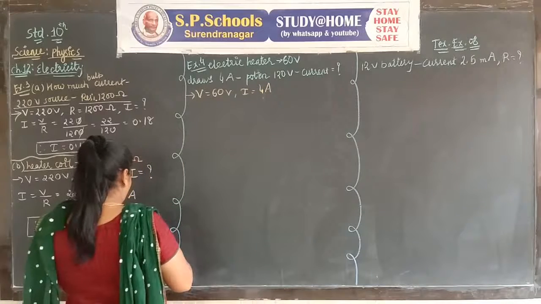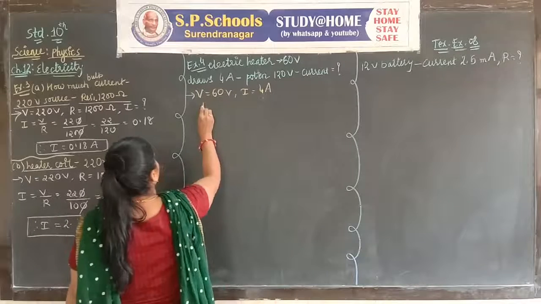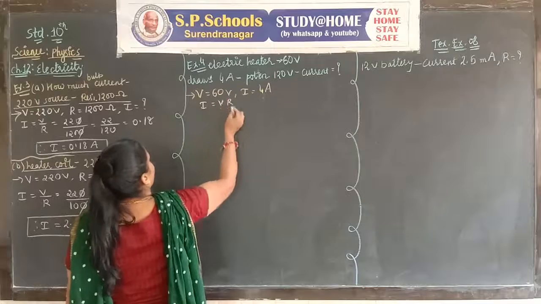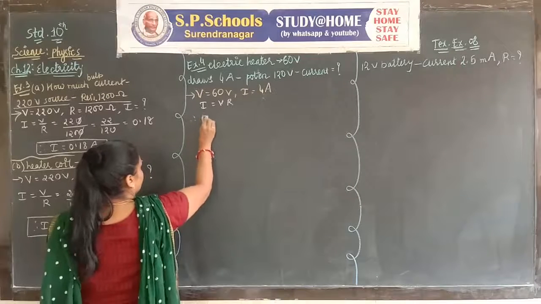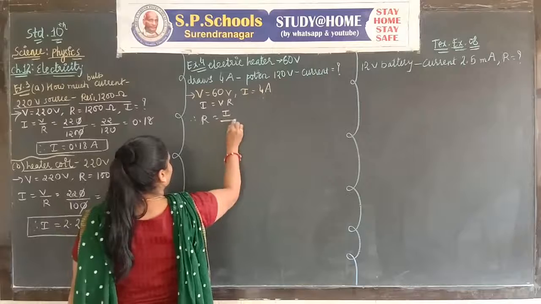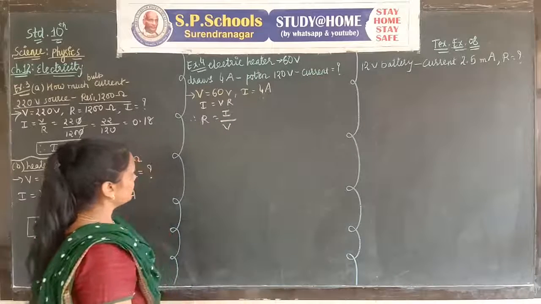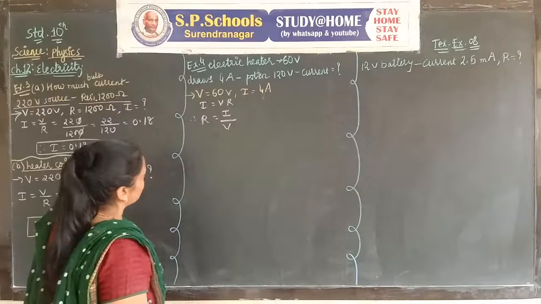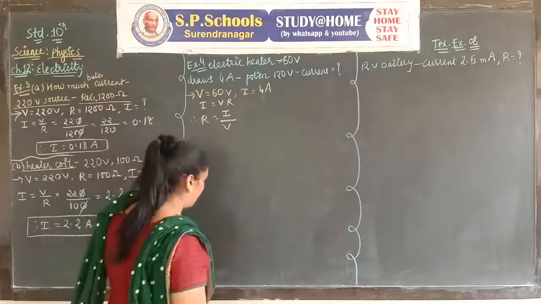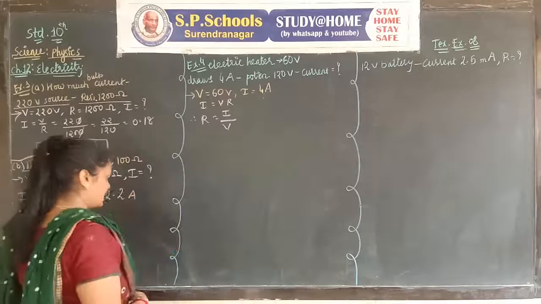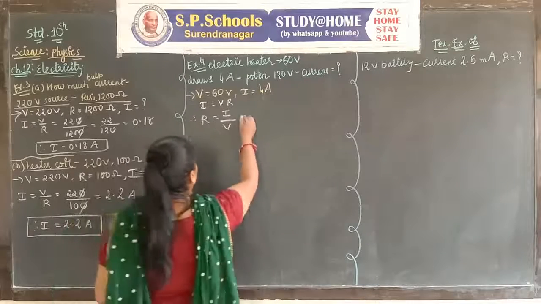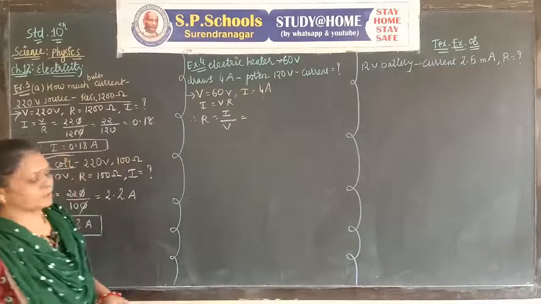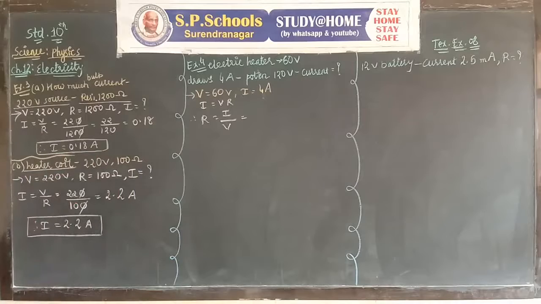So when we apply Ohm's law, I is equal to V upon R. Here the current is also given and the potential difference is also given, so we find the resistance. The electric heater draws current 4 ampere at 60 volt.